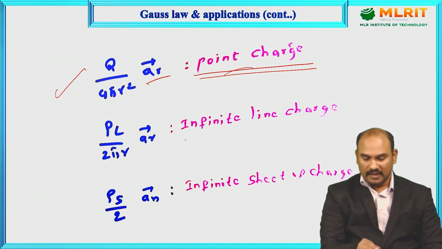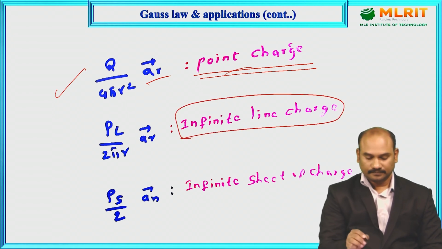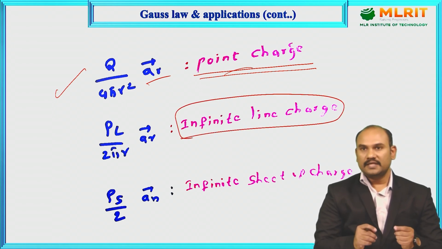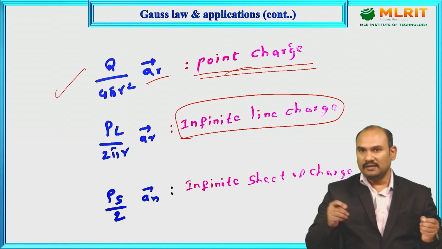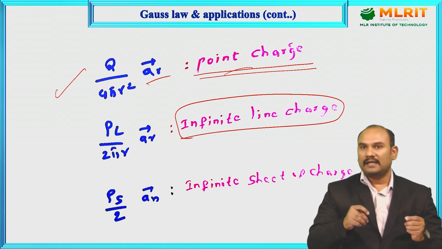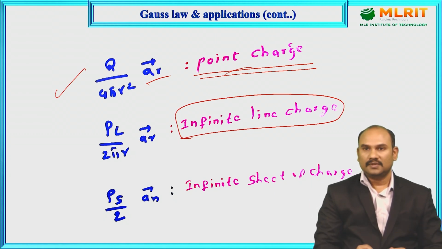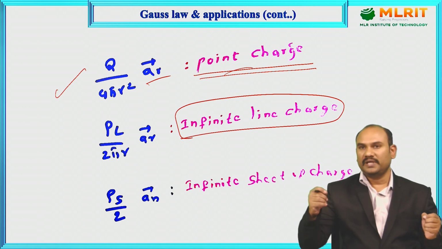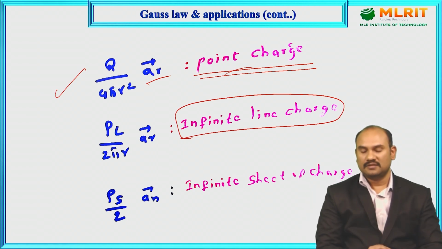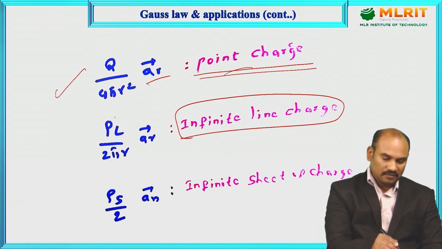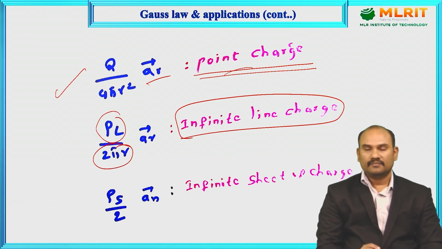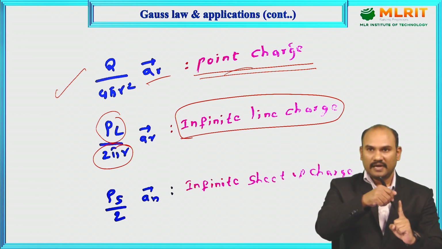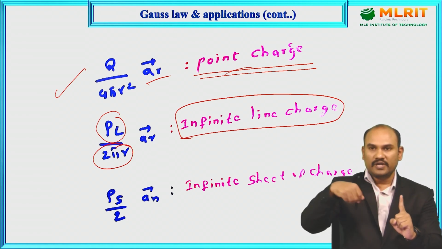If it is for infinite line charge, let us say the charge is distributed on a line geometry, and the length of the line happens to be infinite. Infinite means not absolutely infinite, the length of the line is too big, so we say infinite line charge. In such a case, the flux density is rho L by 2 pi r, because the charge is spread on a line and you measure the electric field surrounding the line.